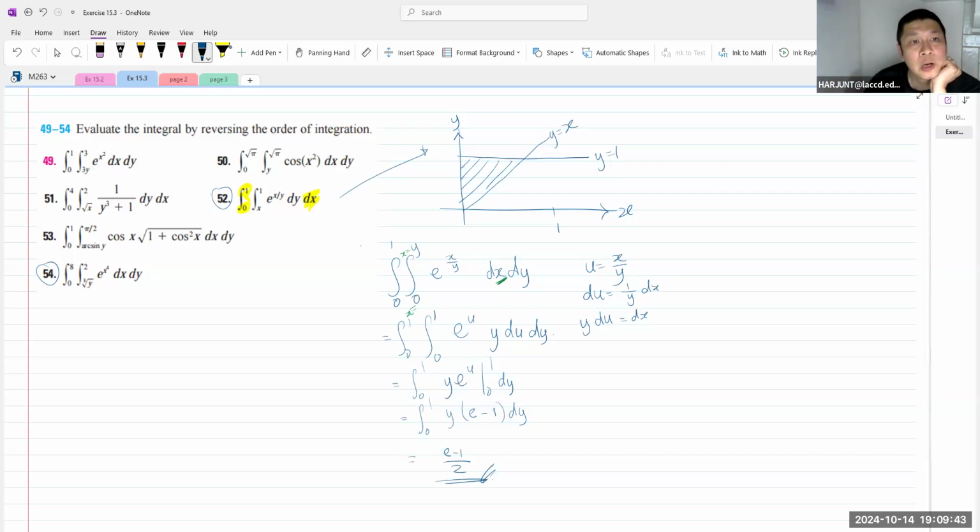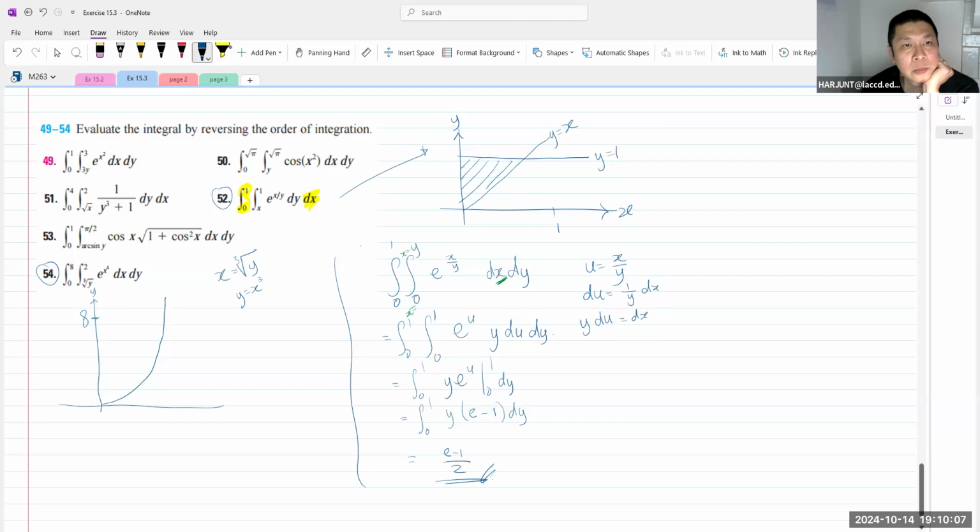Let me give you the sketch for number 54. Okay, the y will be from 0 to 8, and x will be from x equals cube root of y, which means the graph is the same as y equals x cubed, to x equals 2.